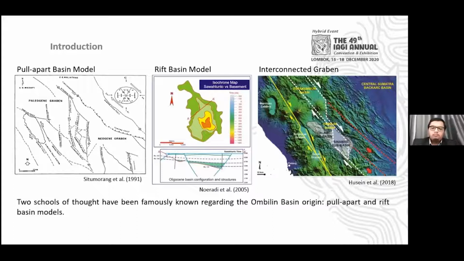This study aimed to give an alternative to the schools of thought regarding the origin of Ombilin Basin. So we will see an alternative idea of how this basin forms and how this basin deforms.